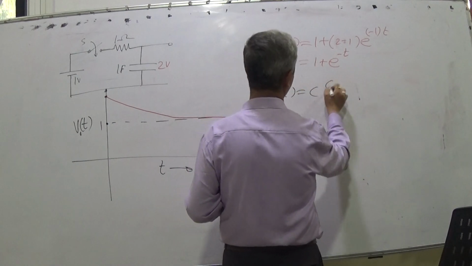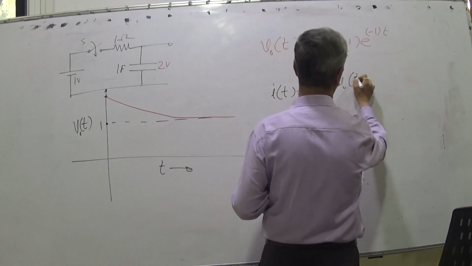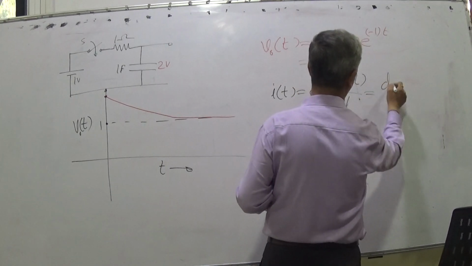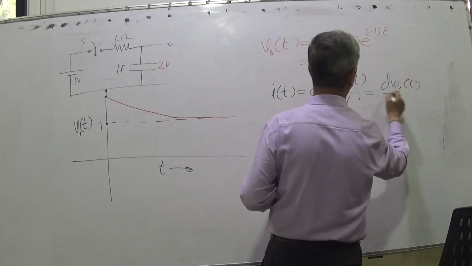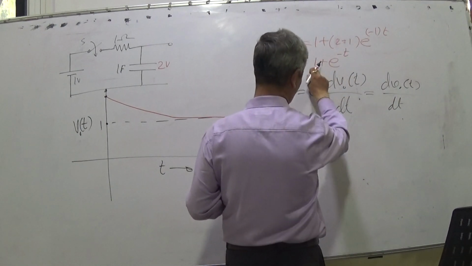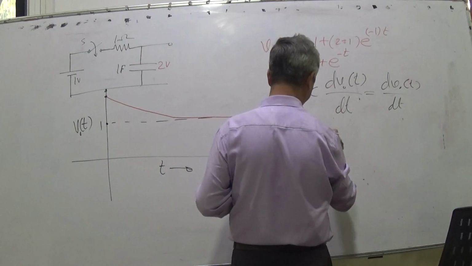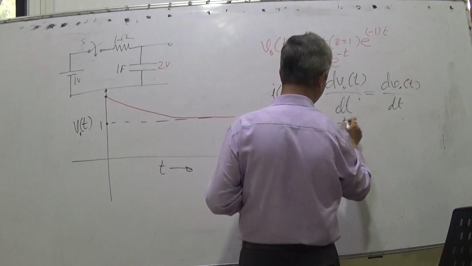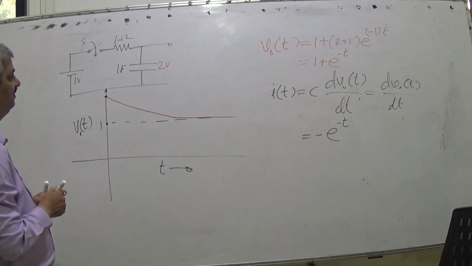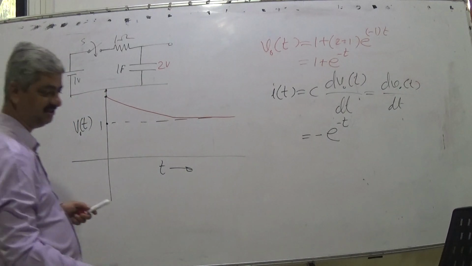C is 1, so it is dVOT by dt. That is 1 minus e raised to minus t.